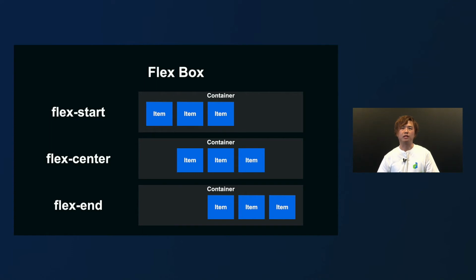I think you'd know well about the Flexbox, but just to recap, Flexbox, officially called CSS Flexible Box Layout, is a module of CSS, and it consists of the flex container, the parent element, and flex items, the child elements.